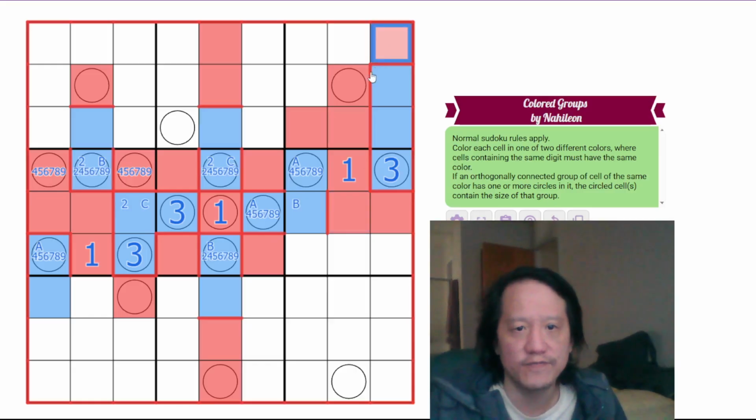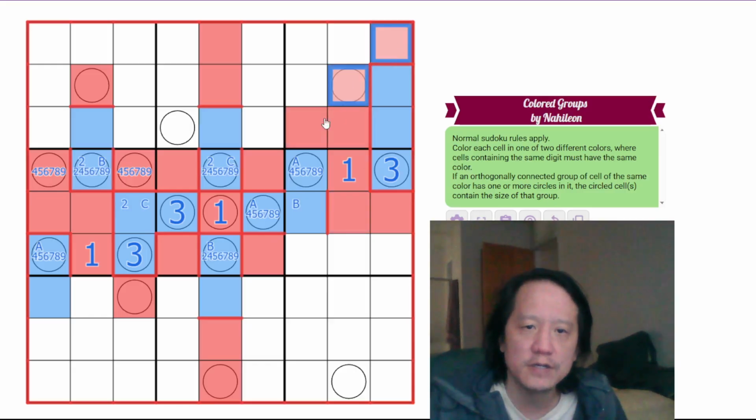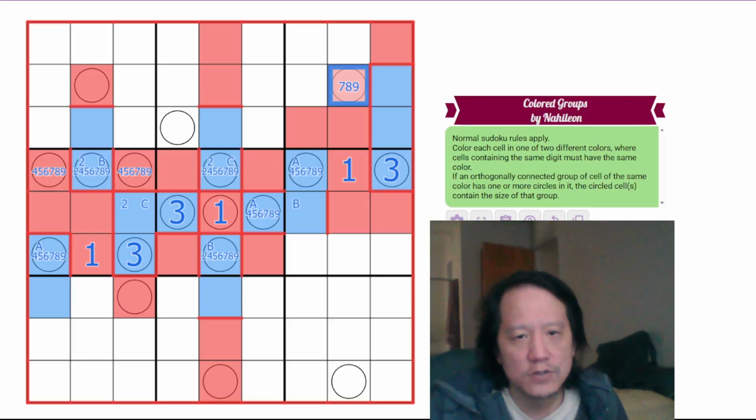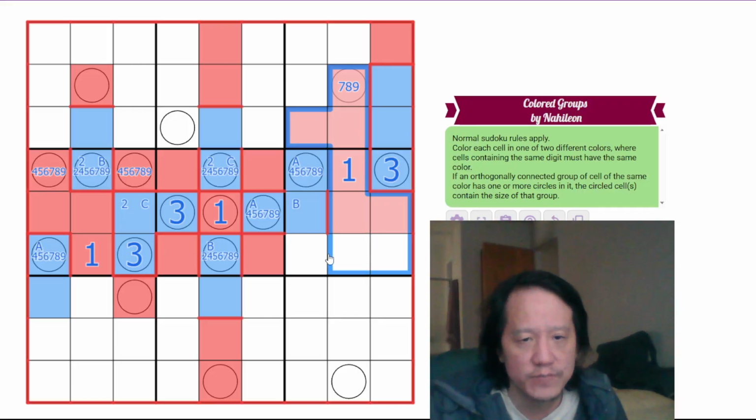And we have 4 reds in this box. So this is at least 6. 1, 2, 3, 4, 5, 6. Actually, it has to be greater than 6, because there's only one blue here, so one of these is at least red here. So this has to be 1, 2, 3, 1, 2, 3, 4, 5, 6, and one of these is 7 at least.